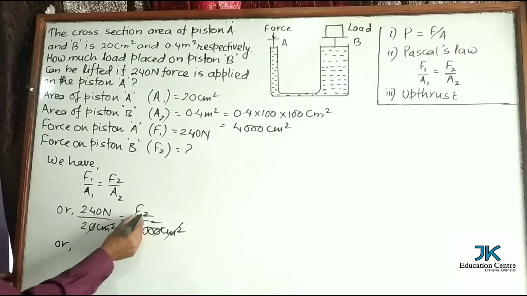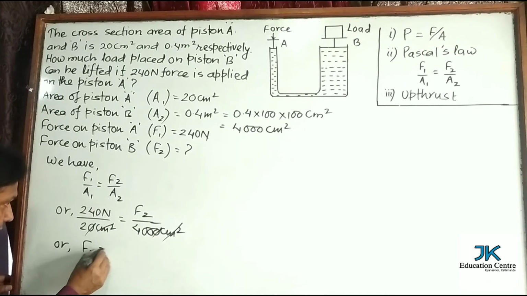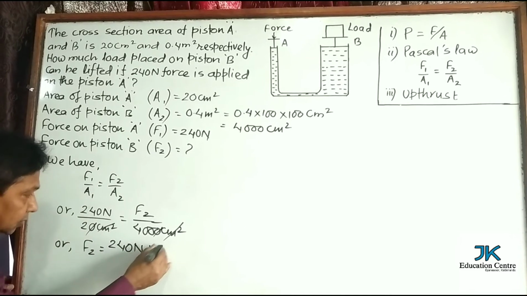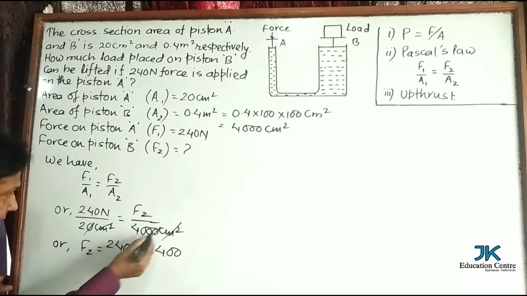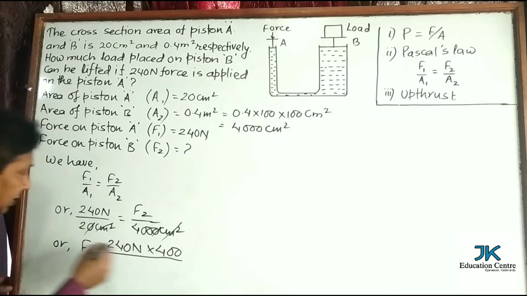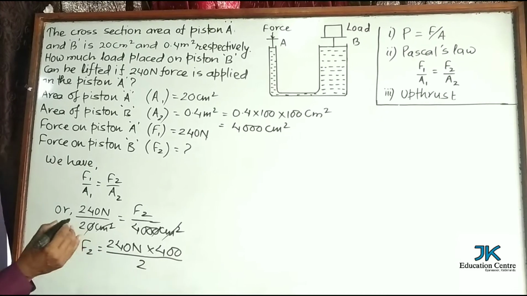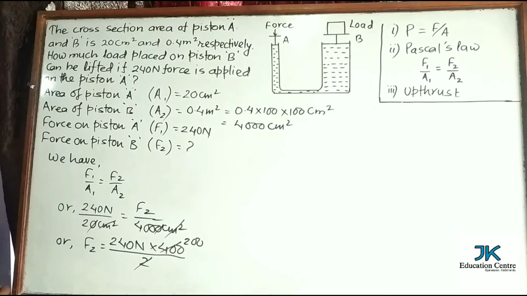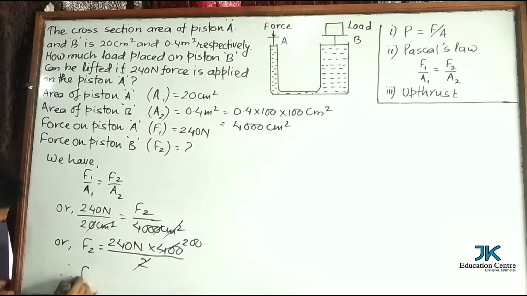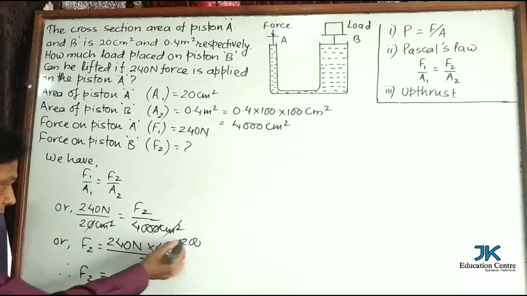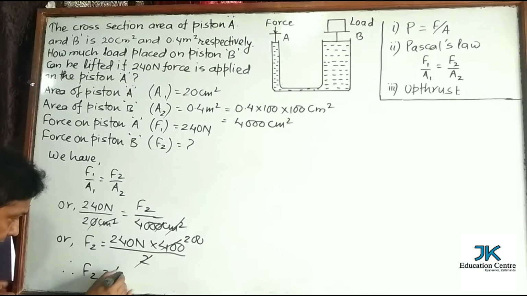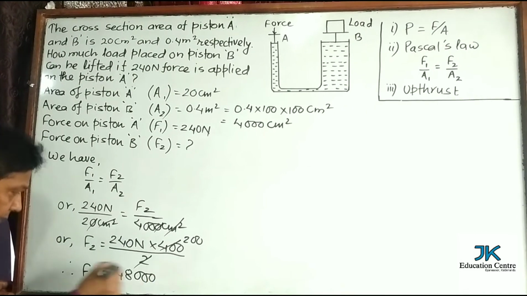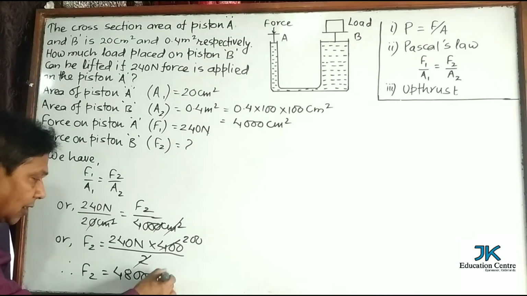Now we can write F2 is equal to 240 Newton into 400, divided by 2. And 24 twos are 48, having how many zeros? 1, 2, 3. Now 48,000 Newton.